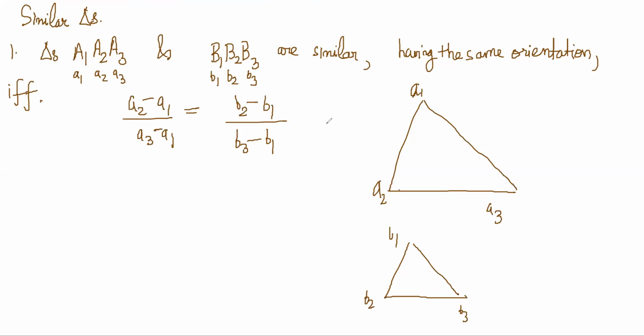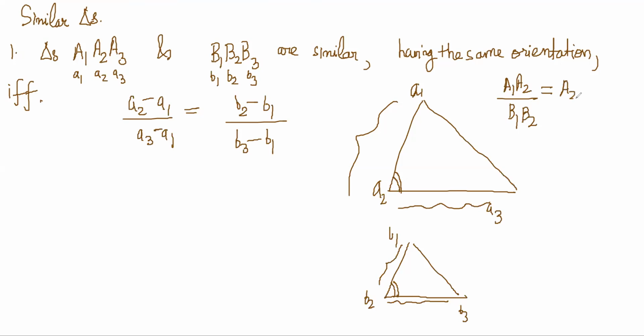We could have proved similarity by proving that one common angle is the same and these sides are in the correct ratio, no? So if I had to prove similarity, I could have proven it by saying A1, A2 by B1, B2 is the same as A2, A3 by B2, B3, and angle A1, A2, A3 is equal to angle B1, B2, B3.